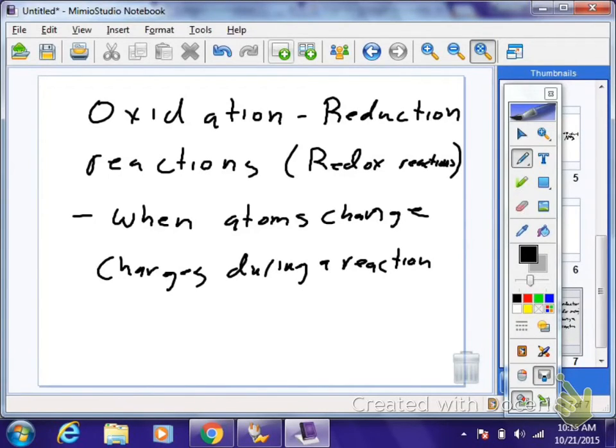All we do is have exchanges, the ions are exchanging places. And here, electrons start to move around, move from one thing to another.